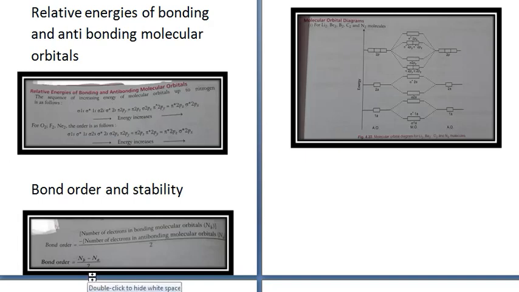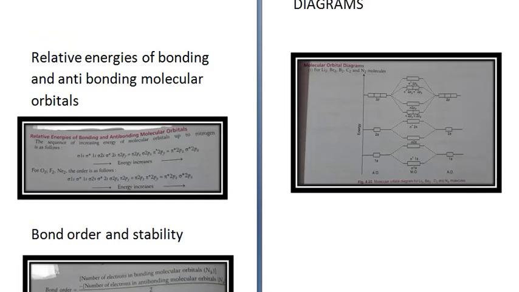If bond order is 0, the species does not exist. It is imaginary. If bond order is less than 0, the species is highly unstable. Bond order is inversely proportional to the bond length and directly proportional to bond dissociation energy.